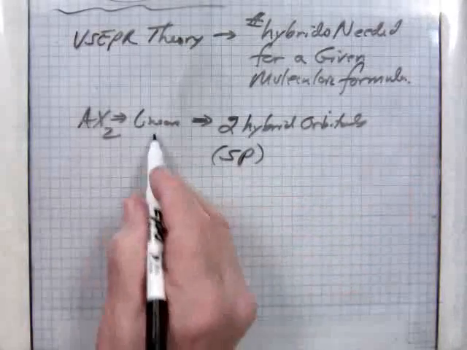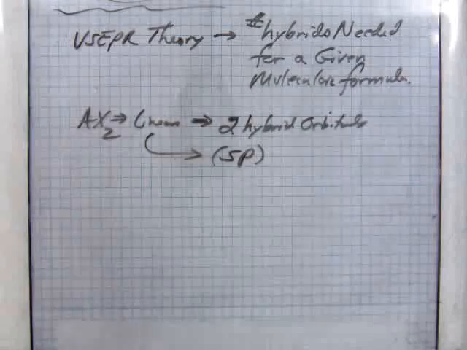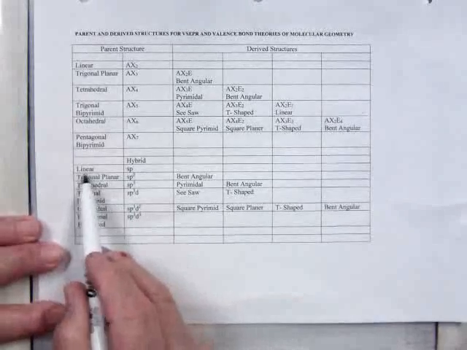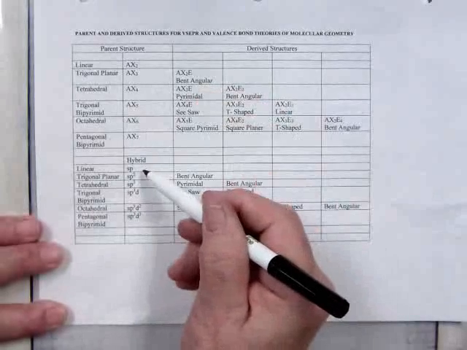So when you're talking about linears, you're talking about sp hybrid orbitals. Whatever else is there is irrelevant. And so when you look on back here and you're talking about linear structures, it is an AX2, and you have two hybrids, but you have two sp hybrids.